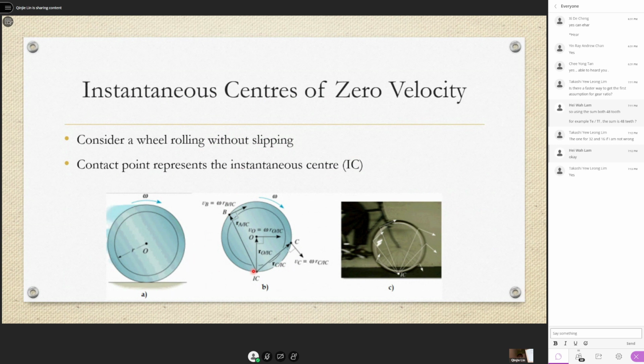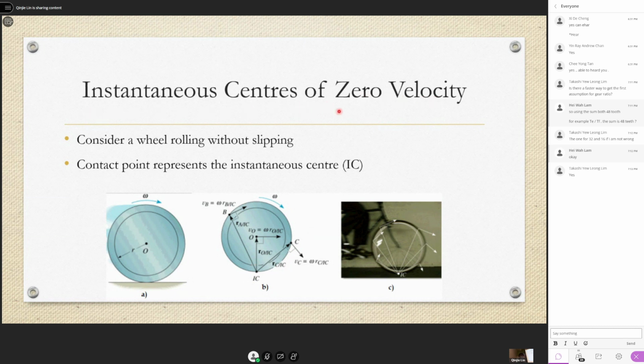So if this thing is rolling, we can also see it as a rotation about this point. At that instant only, the next instant is not like that already. At any one instant that you see, the point of contact is actually the center of rotation. This whole thing is almost like it's rotating about this point. So this is the instantaneous center of zero velocity.